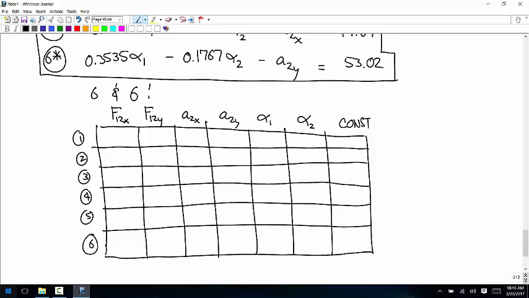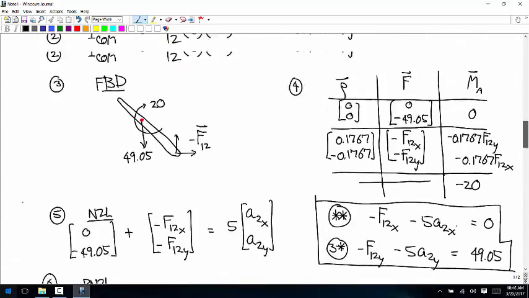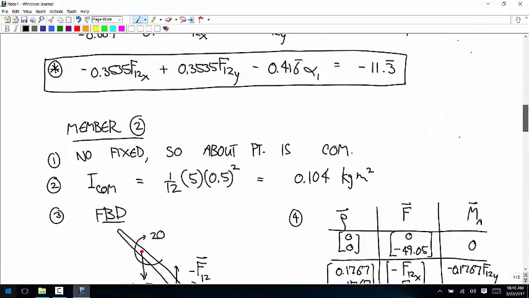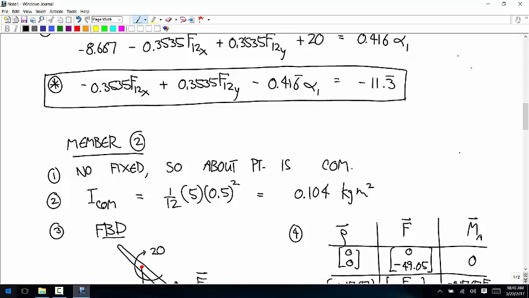So equation 1, f12x, we have negative 0.3535. Tell me if you notice a mistake anywhere. F12y is positive 0.3535. Alpha 1 is negative 0.4167, 416 repeating. And then the constant from equation 1 is negative 11.3.